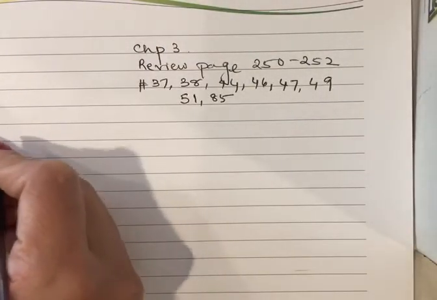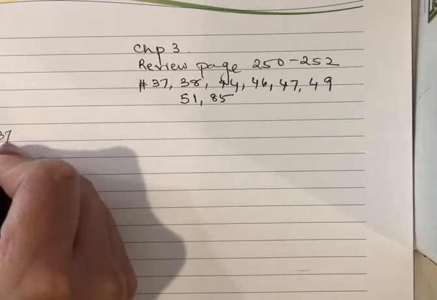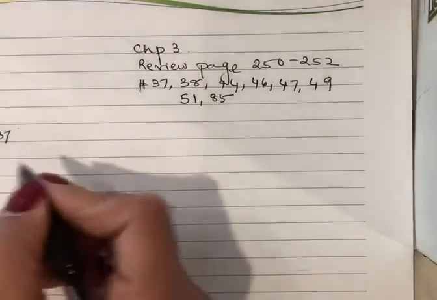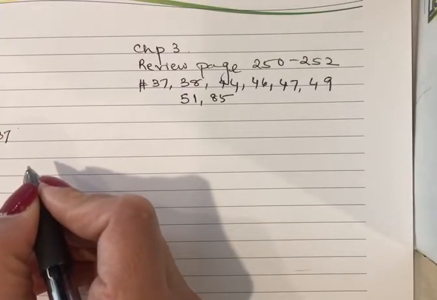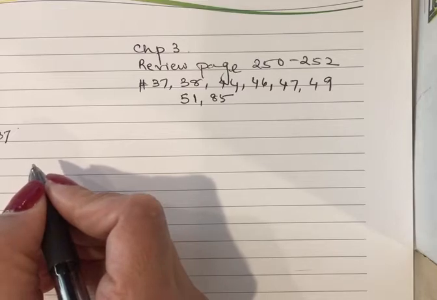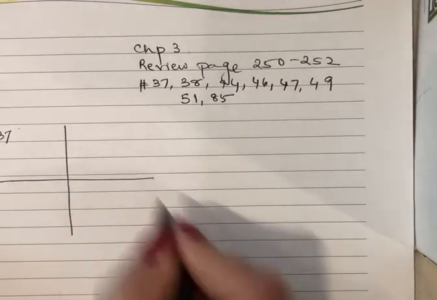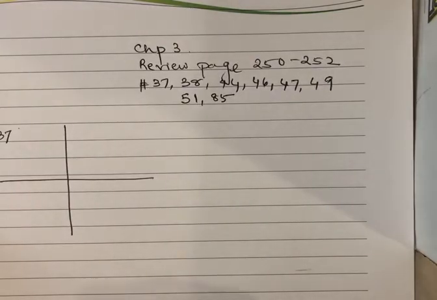So problem number 37 on page 250 asks us to find the slope of the line shown in the graph. The graph that has been shown to us is this way.